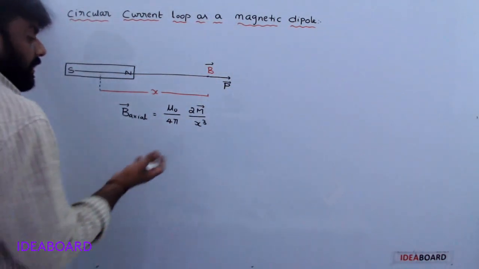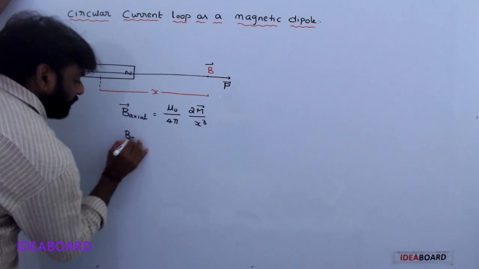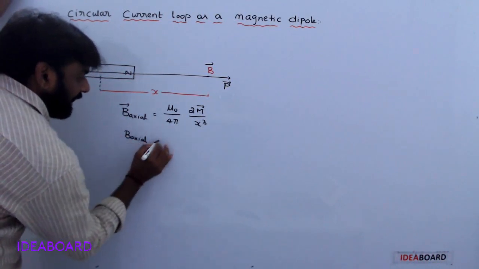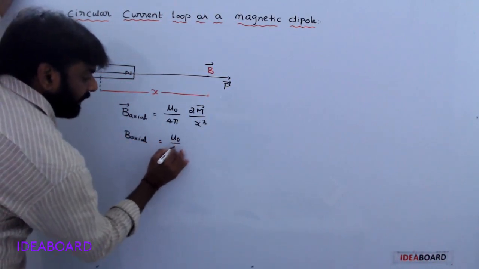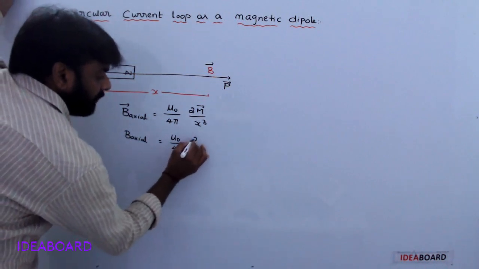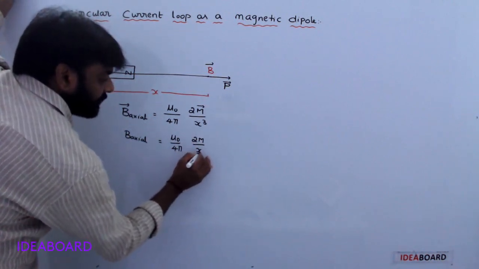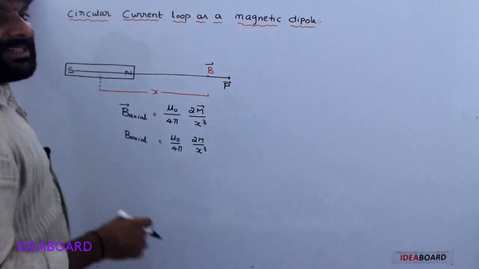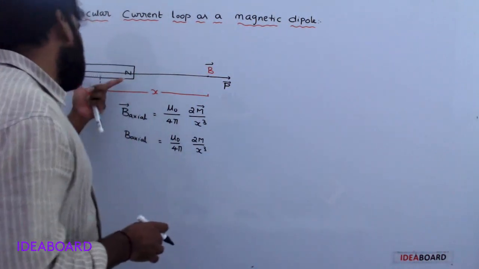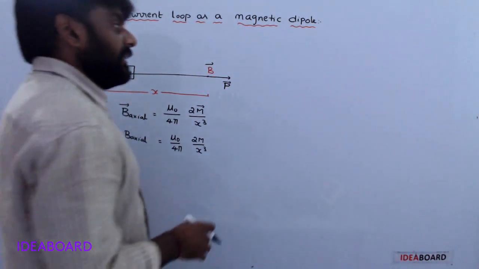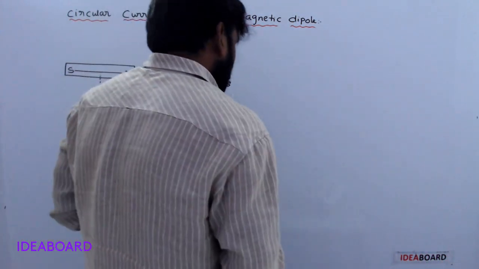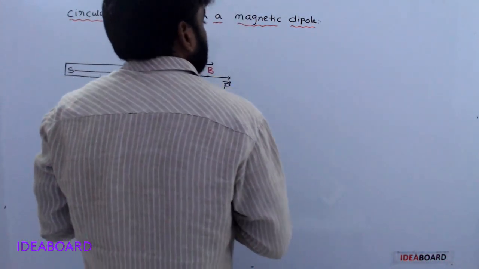In terms of magnitude only, it is mu naught by 4 pi, 2m by x cube, when x is very large compared to the magnetic length.